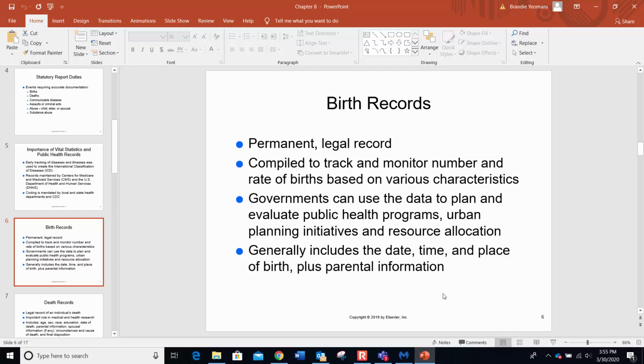So looking a little deeper into births, we start out by talking about a birth record, but this actually goes into a little bit more in-depth information.